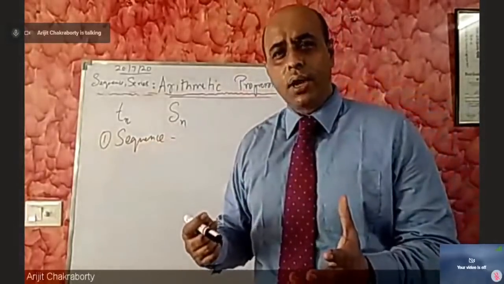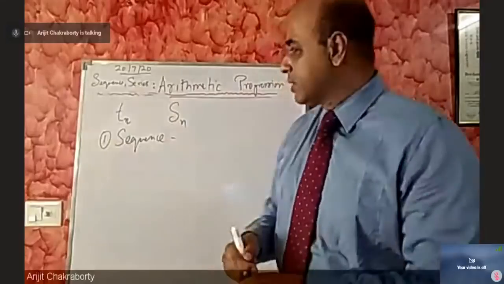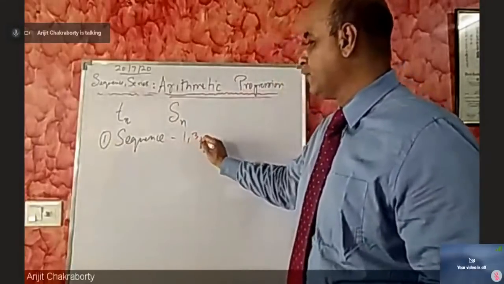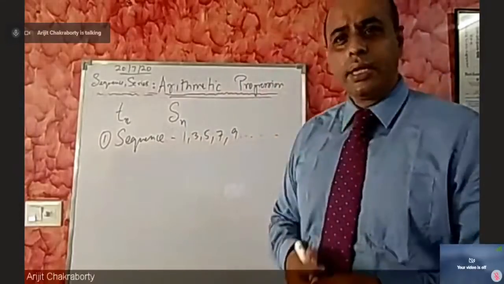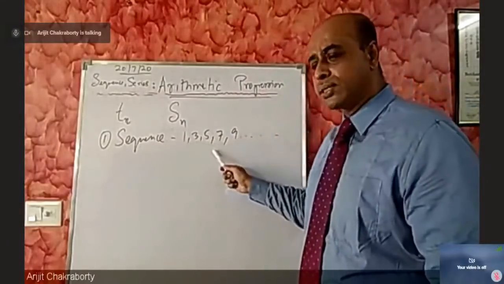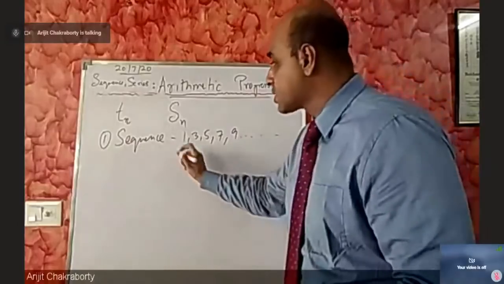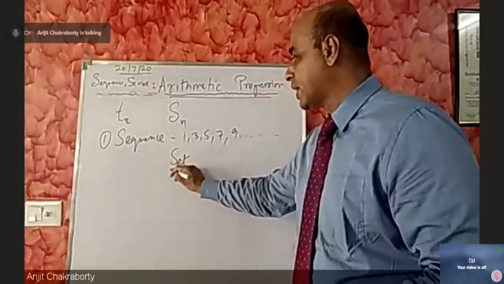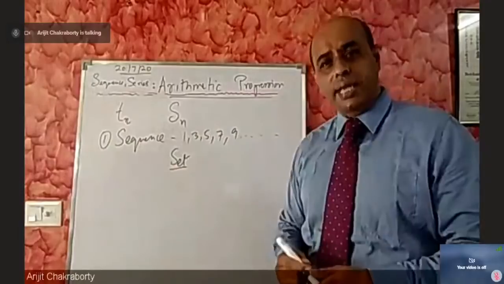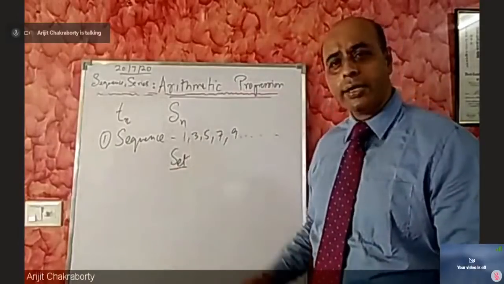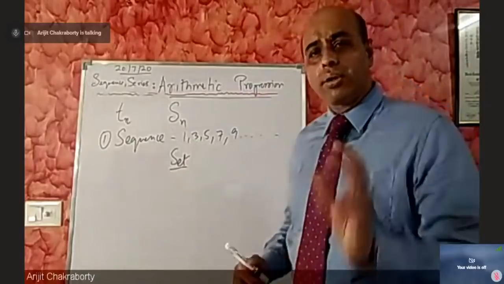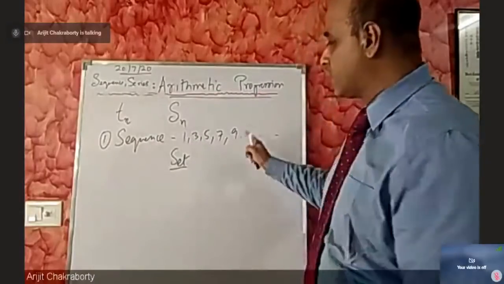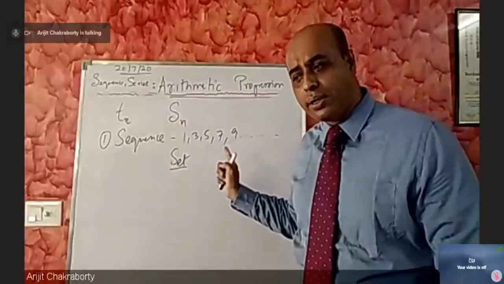A sequence of numbers means, say I write 1, 3, 5, 7, 9 and so on. I can say it is a sequence of numbers, that is, a set of numbers starting with 1, where I have included the odd numbers 1, 3, 5, 7, 9, 11 and so on.